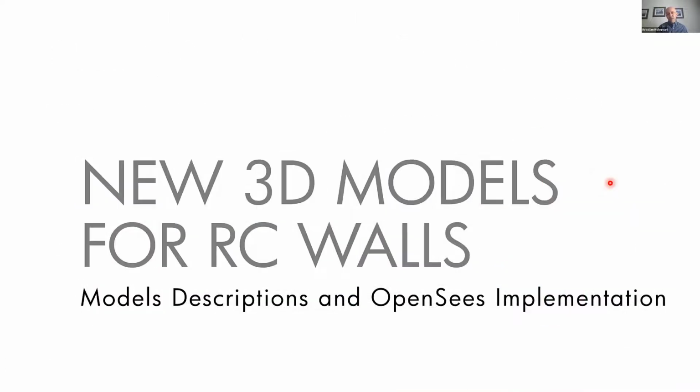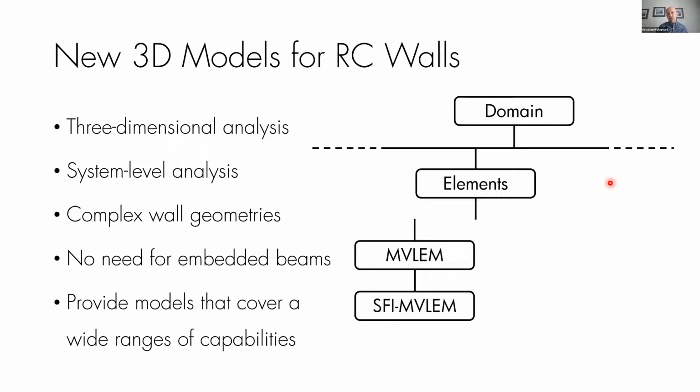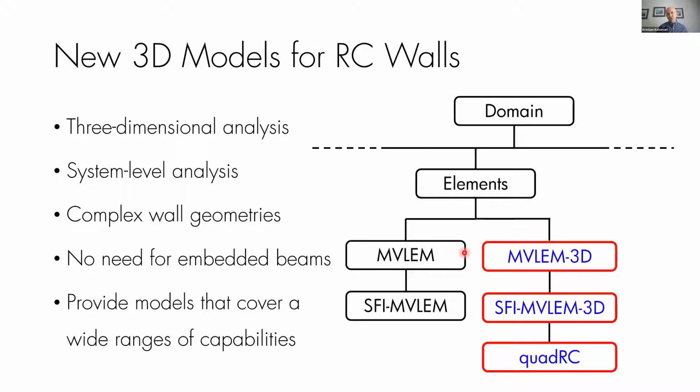So I'm going to switch gears here to these new 3D models. The three-dimensional models that I'm going to be discussing today, there are 3 of them. 2 of these models are directly derived from the original two-dimensional formulations, the multiple vertical element and SFI MVLEM. So we have something that we're now going to call MVLEM 3D and SFI MVLEM 3D.